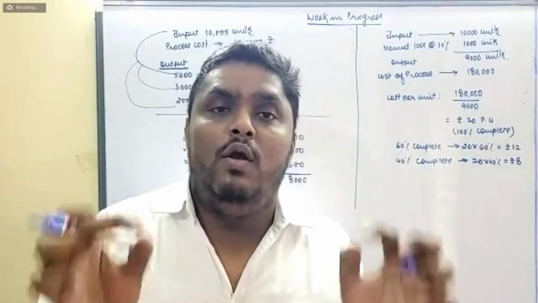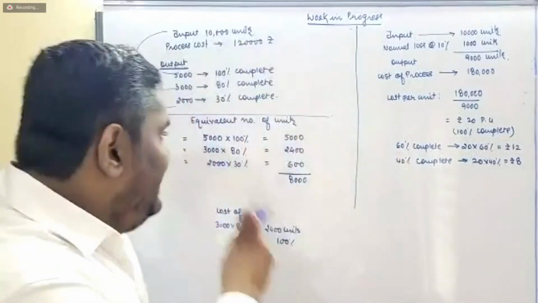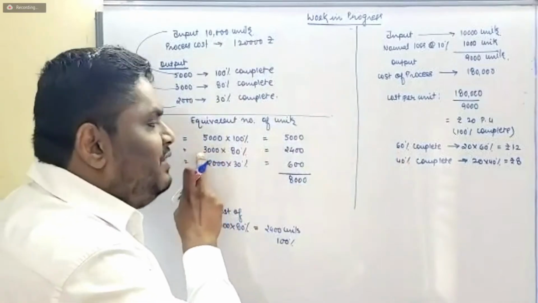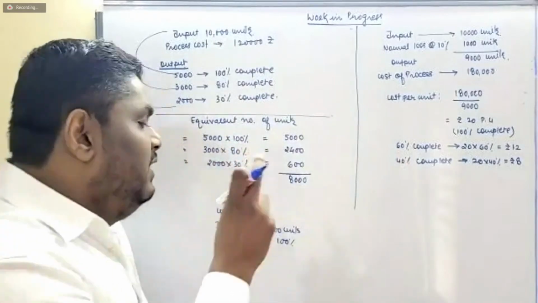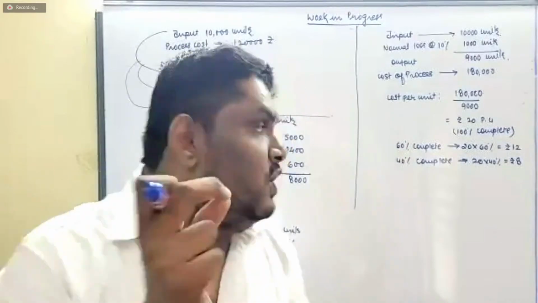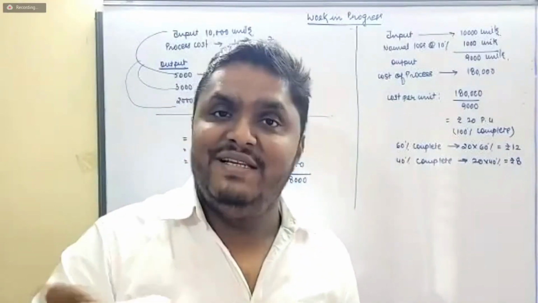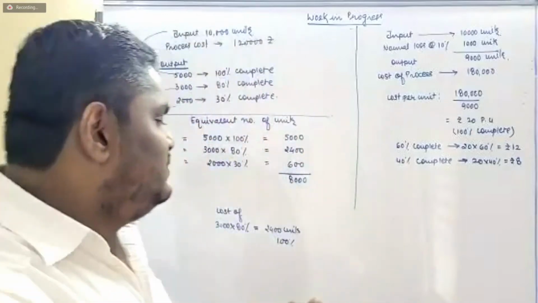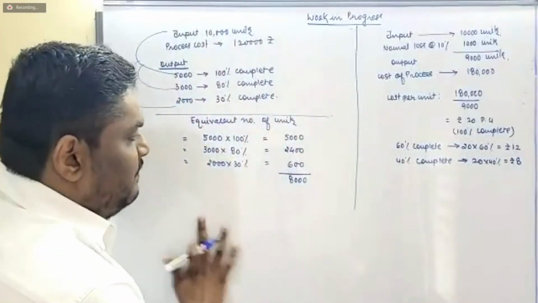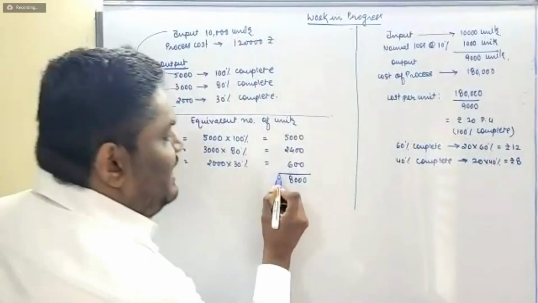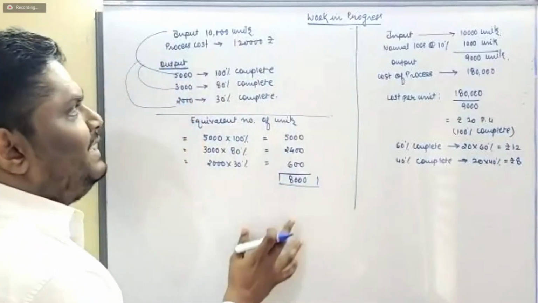It means whatever cost is incurred on 3,000 units that are 80% complete will be equal to the cost of 2,400 units that are 100% complete. I'll be discussing this part practically also, guys, so don't worry. So herein we have got the equivalent number of units, that is 8,000.